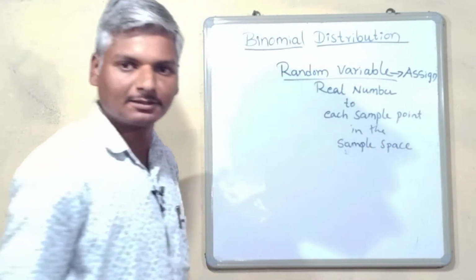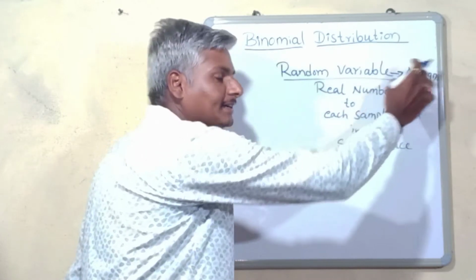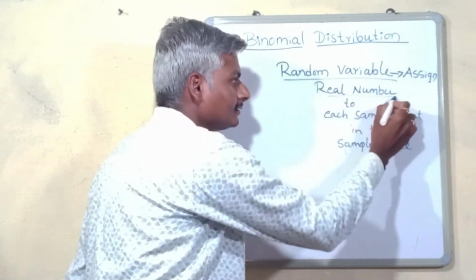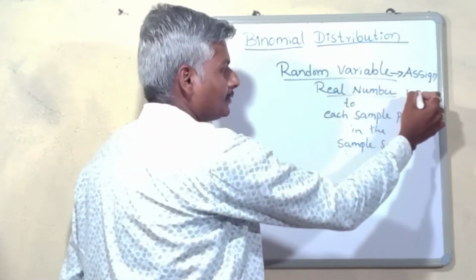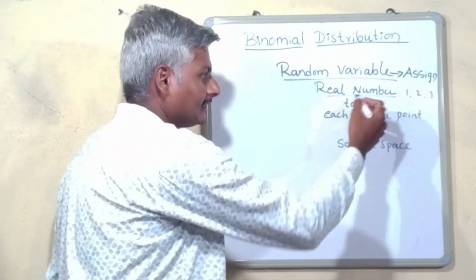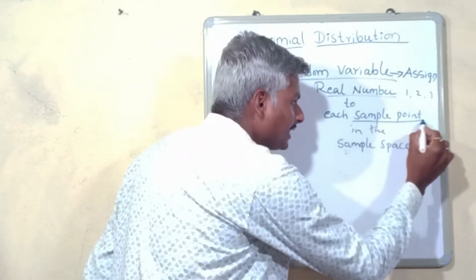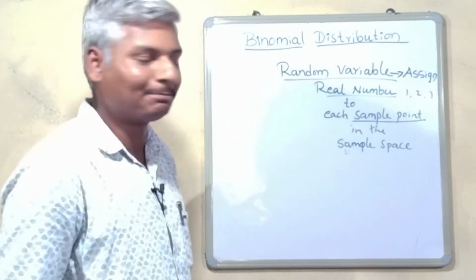So here you need to understand a random variable is assigning 1 2 3 4 5 6 like this. It will assign a real number to each sample point in the sample space.